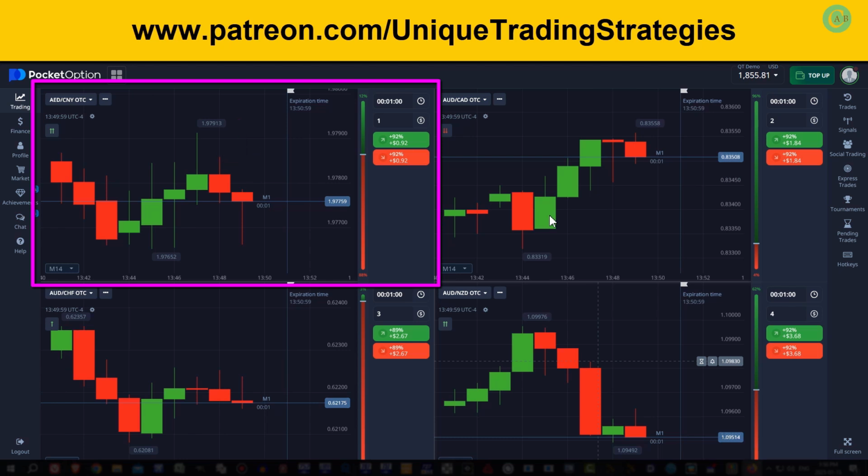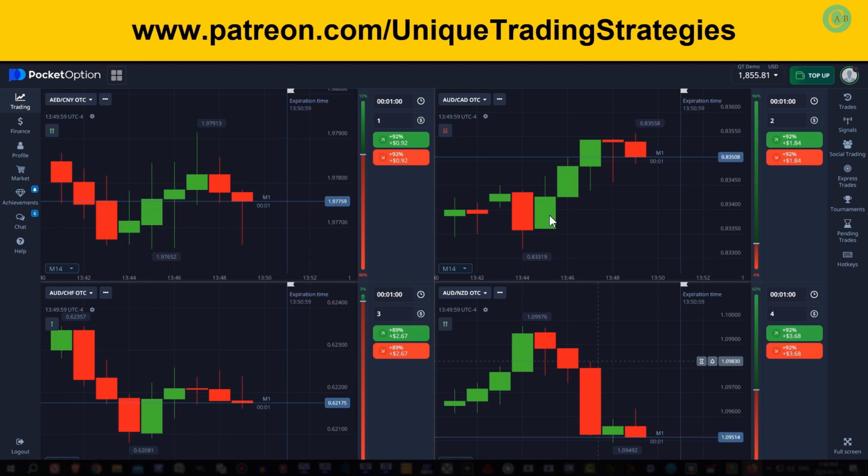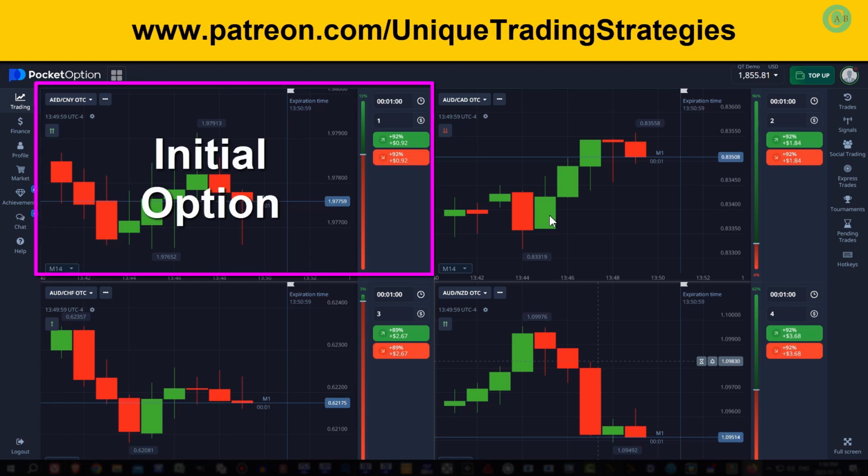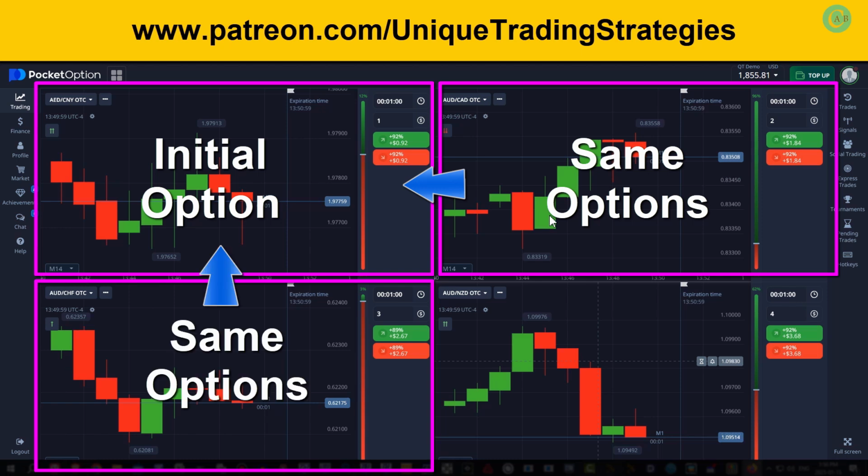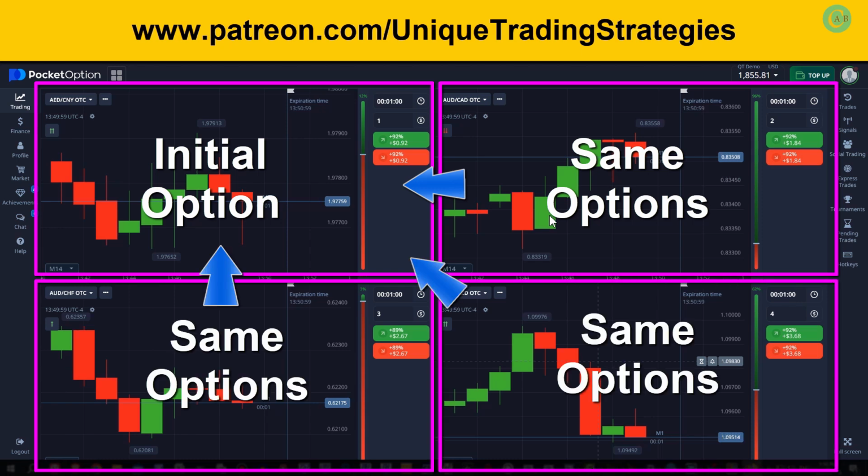Now, if I win the trade, I repeat the same process on the same chart, the first chart. However, if I lose the trade, I persist with the same option, buy or sell, that I took in the first trade, but I apply it to the remaining charts, chart 2, chart 3, and finally chart 4.